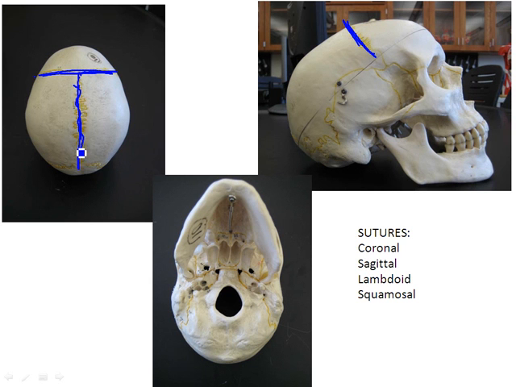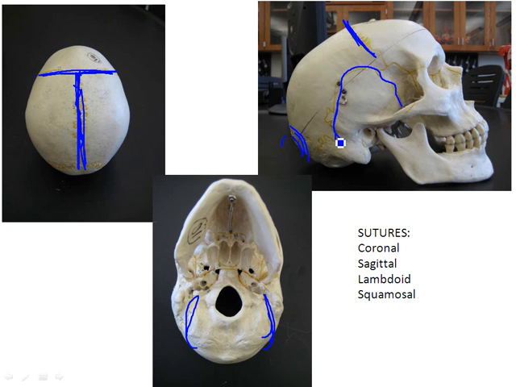So your sagittal suture goes right down the midline, along the top of your head. You have the lambdoid suture, and it's on the back of your head, and it comes around here. And you have the squamosal suture. And if you remember your tissue types, we talked about simple or stratified squamous cells. Squamous kind of means squished, irregular, so this is your squamosal suture.